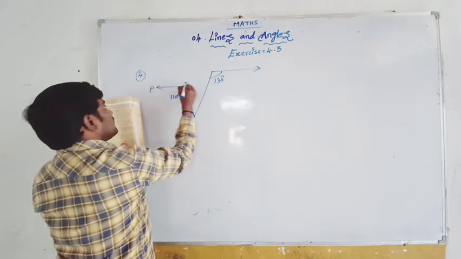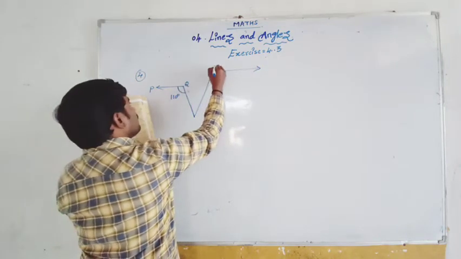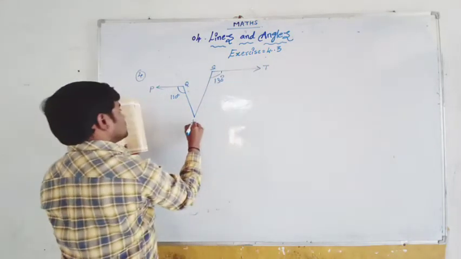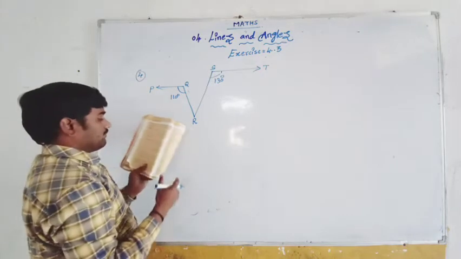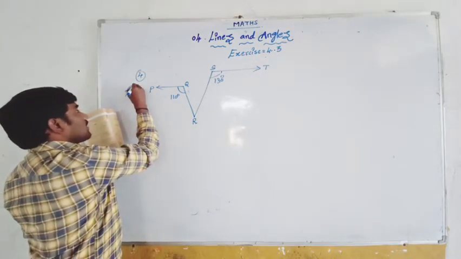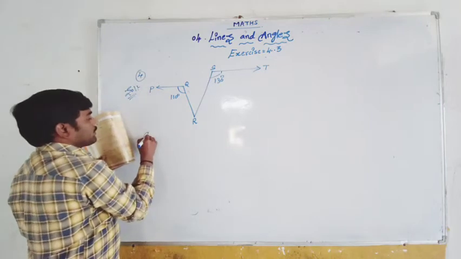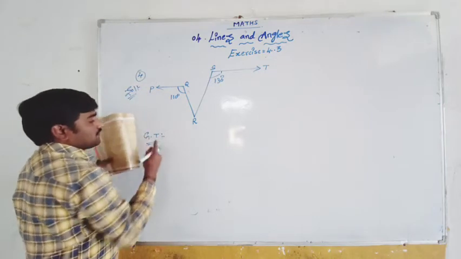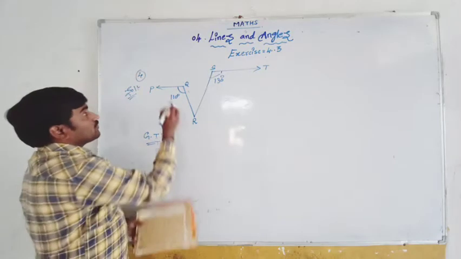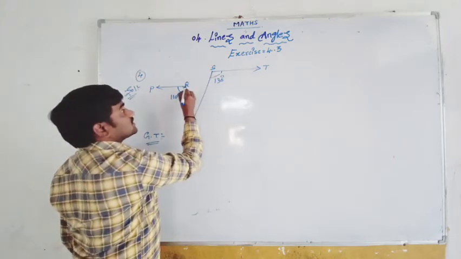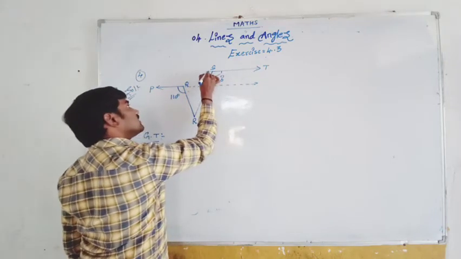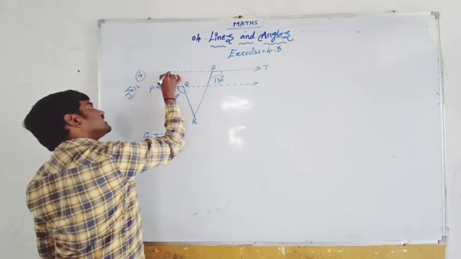Here are P, Q, S, T and this is R. Given that PQ is parallel to ST. That means we have to extend this. Once you extend, you will get parallel lines. The extended lines you show with dots.